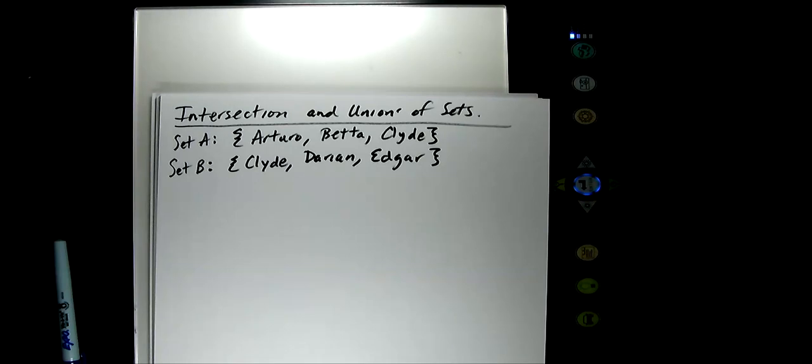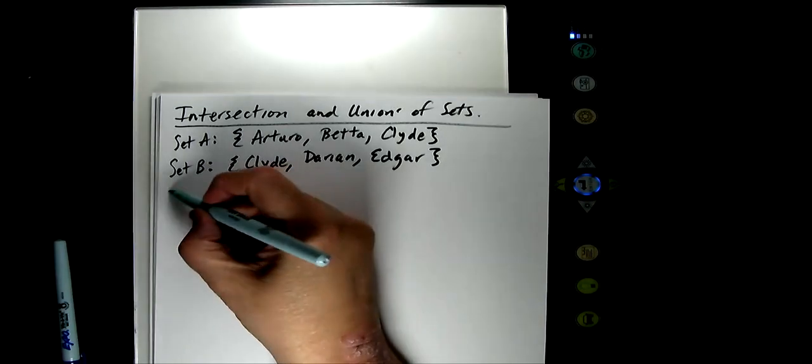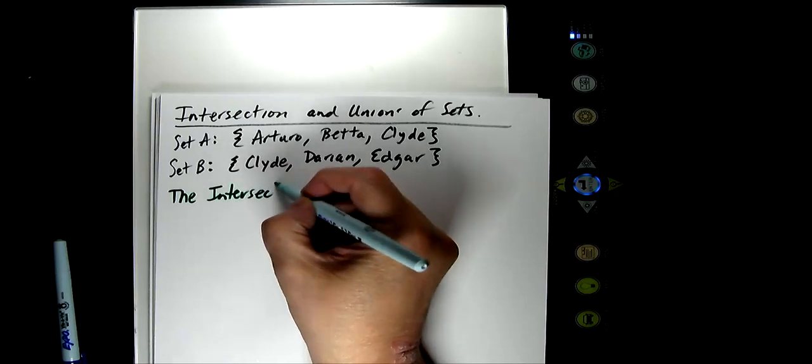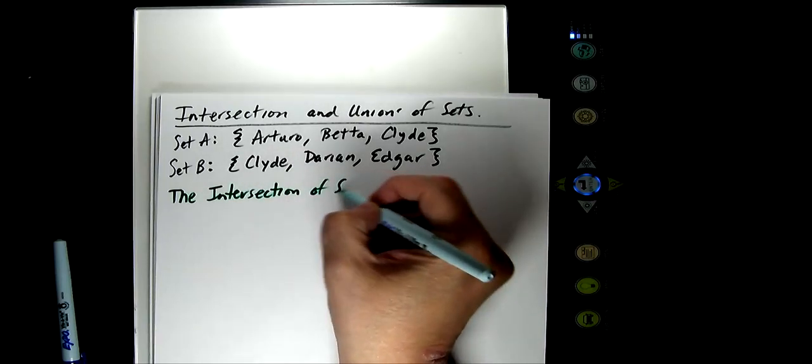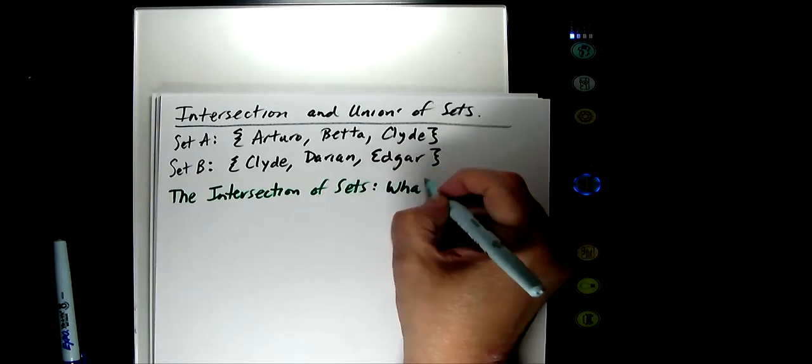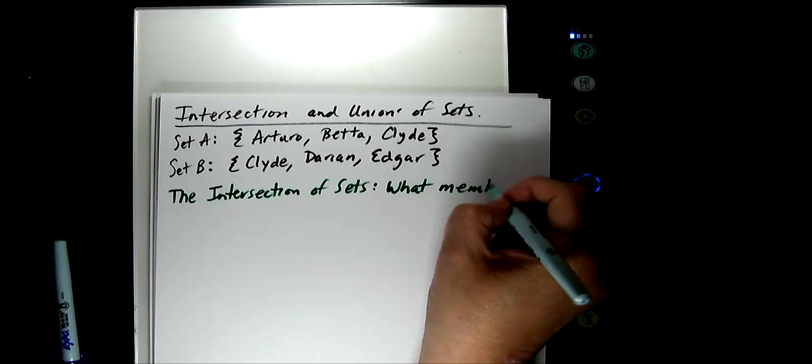So when we talk about the intersection of sets, what members or elements do they have in common?